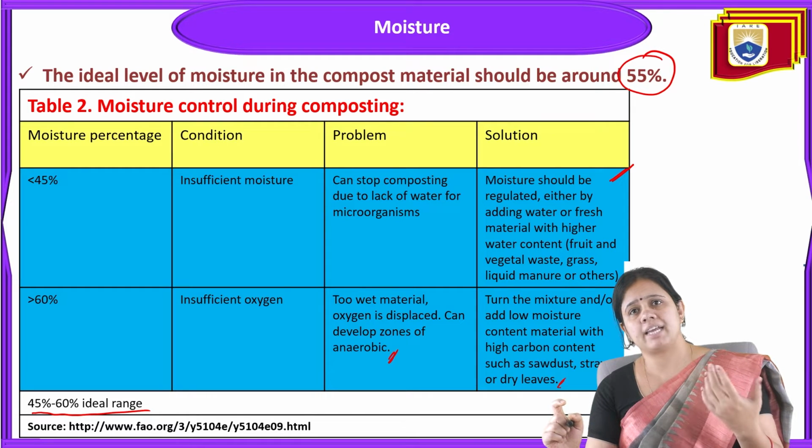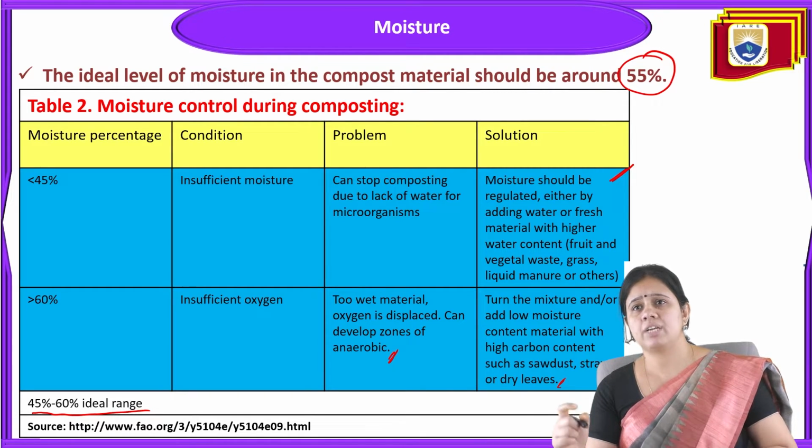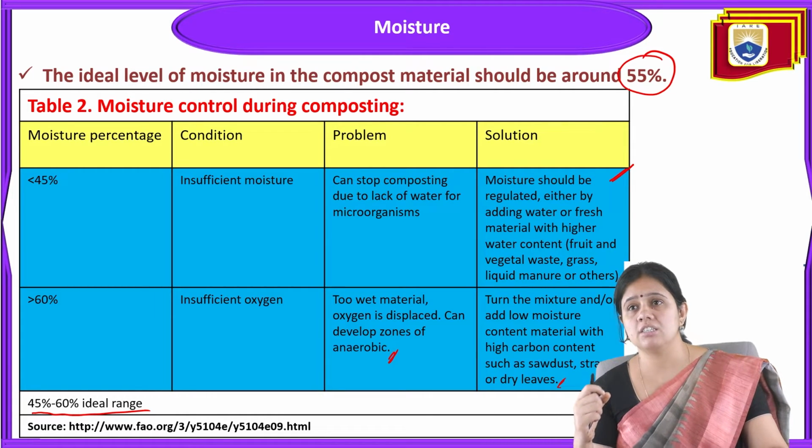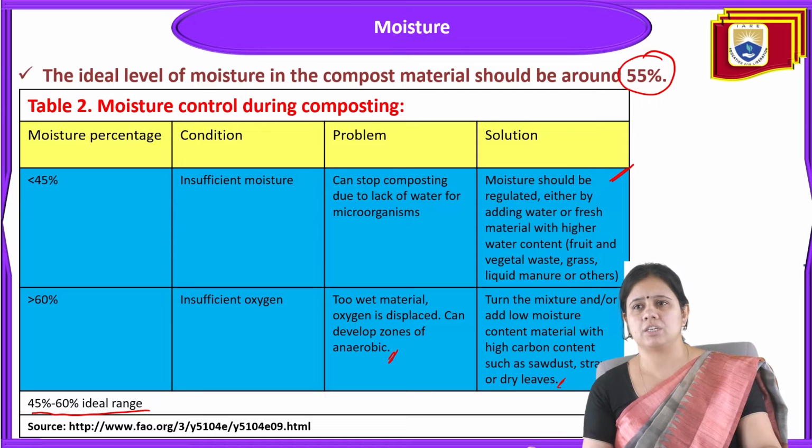So if moisture is lacking, we should regulate it by adding some fresh material with high water content. If there is more moisture, the condition is called insufficient oxygen condition. In this case, we should turn the mixture and add low moisture content material with high carbon content like sawdust, straw, or dry leaves.